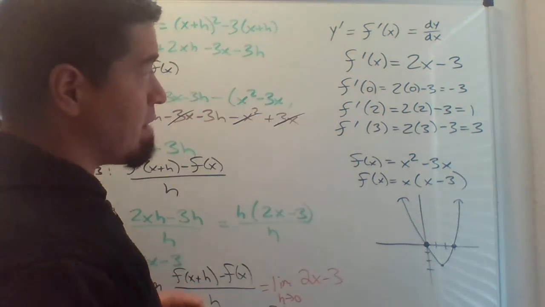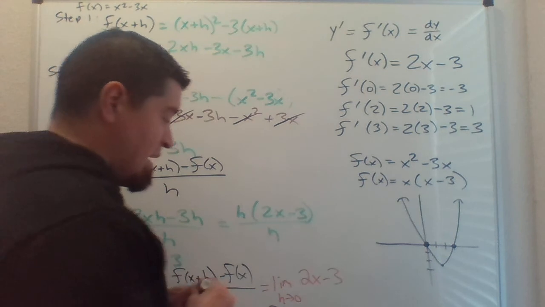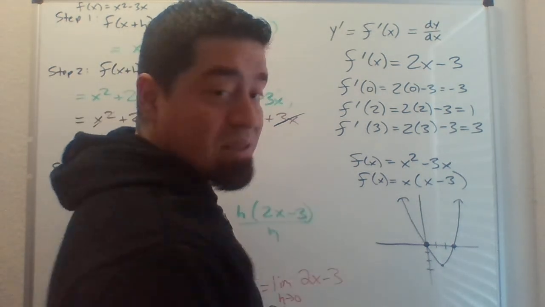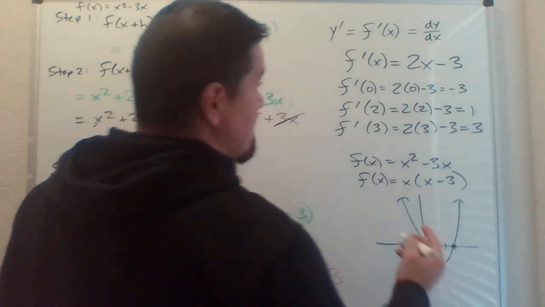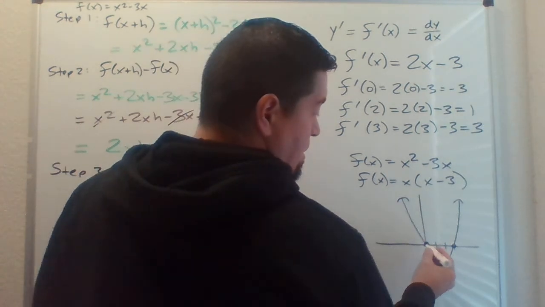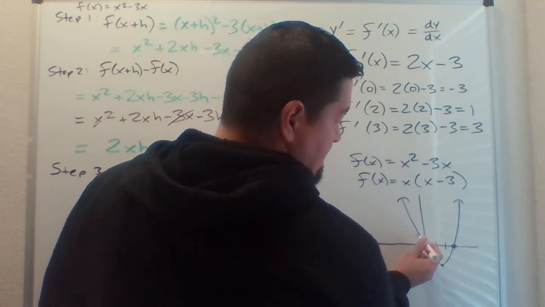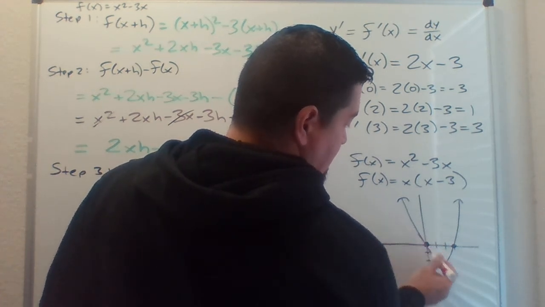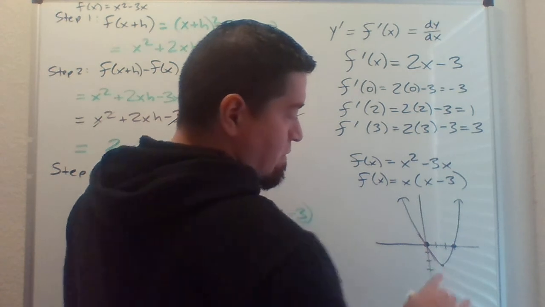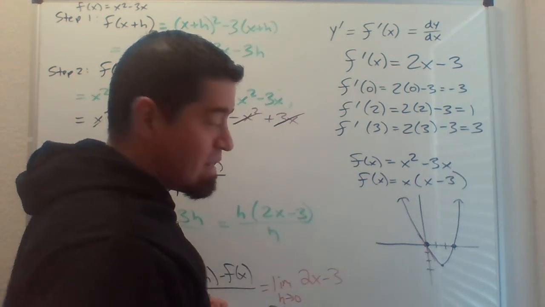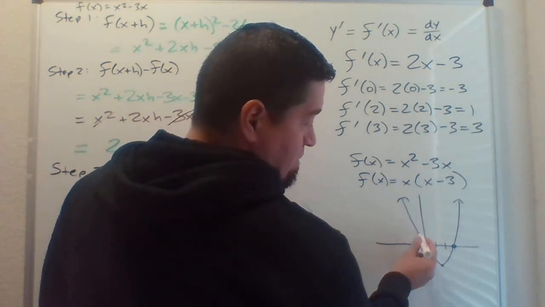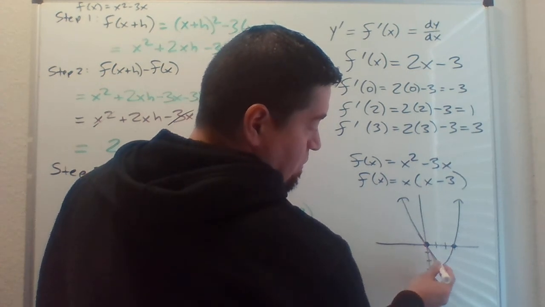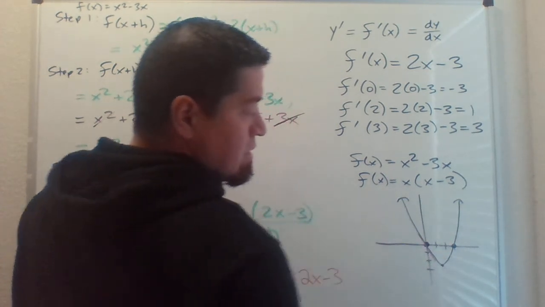F prime of 0, they say, has a slope of negative 3. How does that make sense? Here's 0. If I were to guess a slope, it would probably be somewhere in that direction. Keep in mind this is a sketch, but that looks to be about down 3 over 1, right? A down 3 over 1 slope.